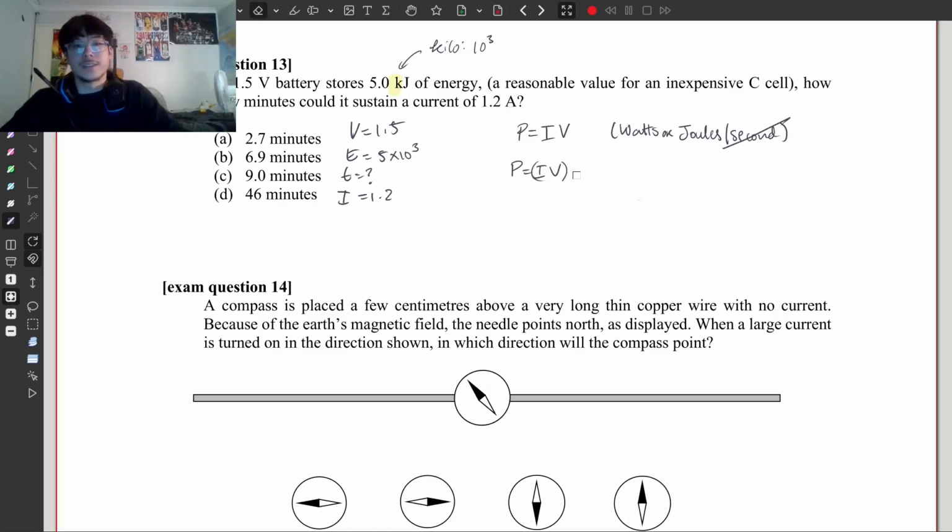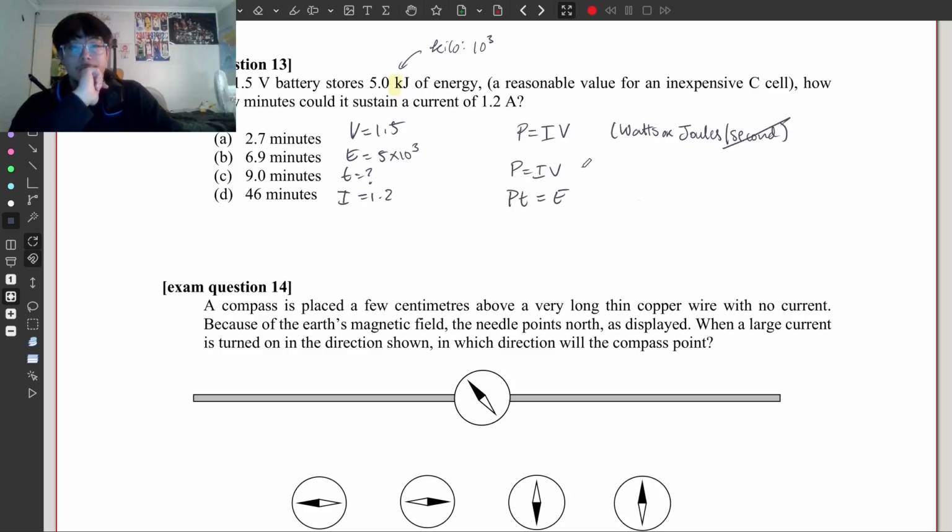So let's just apply all of this. Our power is equal to IV, and P times T is equal to energy. So we need to find our power, and then once we find our power, we can find our time because we have an energy value.